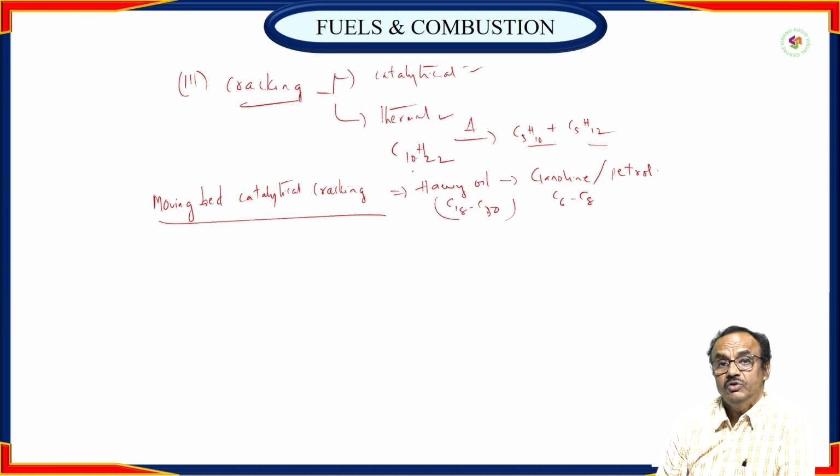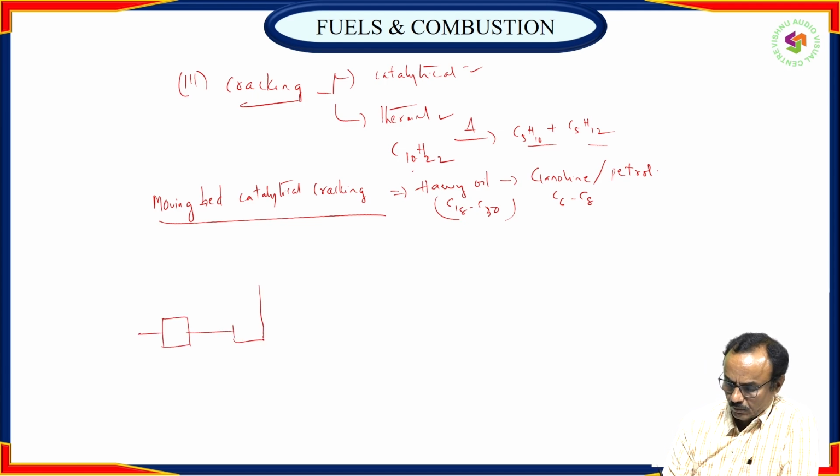So you need to practice only the flow chart. Keeping the flow chart and this reaction in mind, you can write points in your own words. Heavy oil is the raw material that we use, for collection.